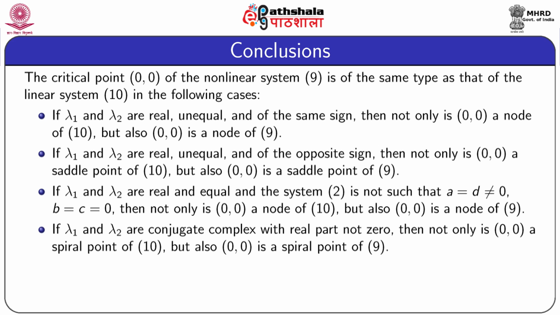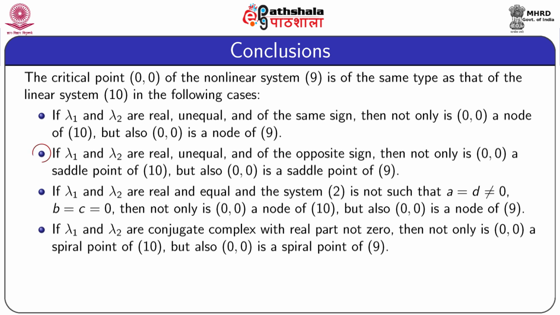The first one: if lambda 1 and lambda 2 are real, unequal and of the same sign, then not only is (0,0) a node of the linear system 10, but also a node of the nonlinear system 9. If they are of the same sign and negative, then it is a stable node, and if they are of the same sign and positive, then it is an unstable node.